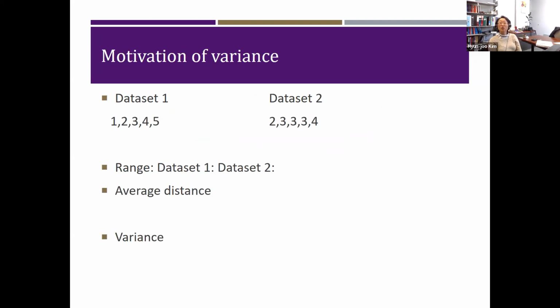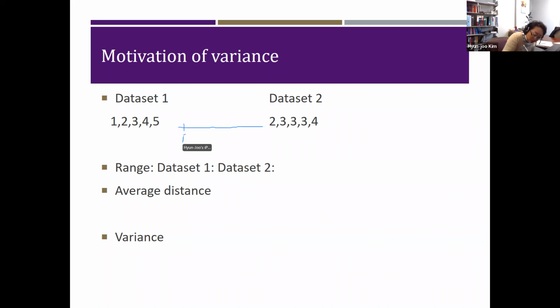Okay, so then let's quickly talk about where this variance is coming from. We call it the motivation. Again, what we're trying to do in this section is measure how spread out your data set is from the center. If you look at data set 1, I'm going to draw a simple dot plot.